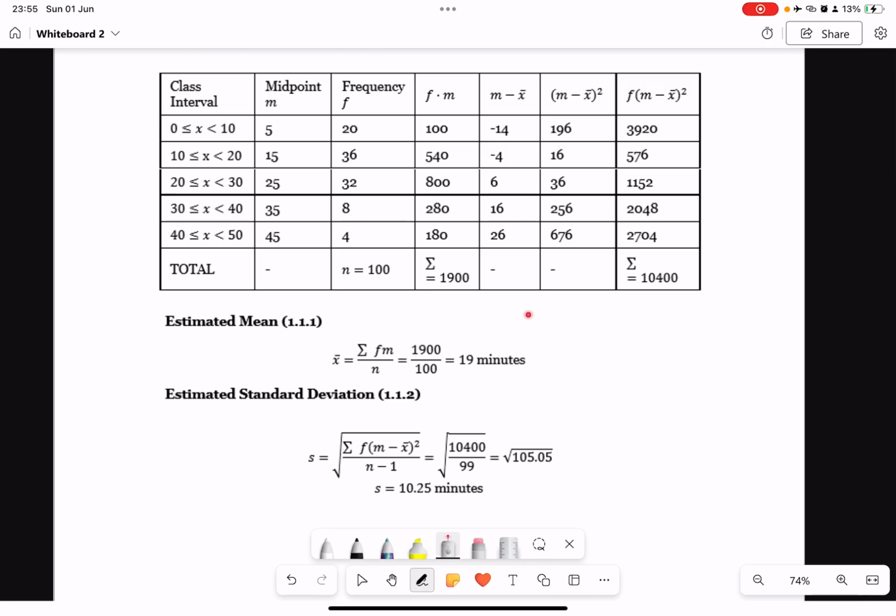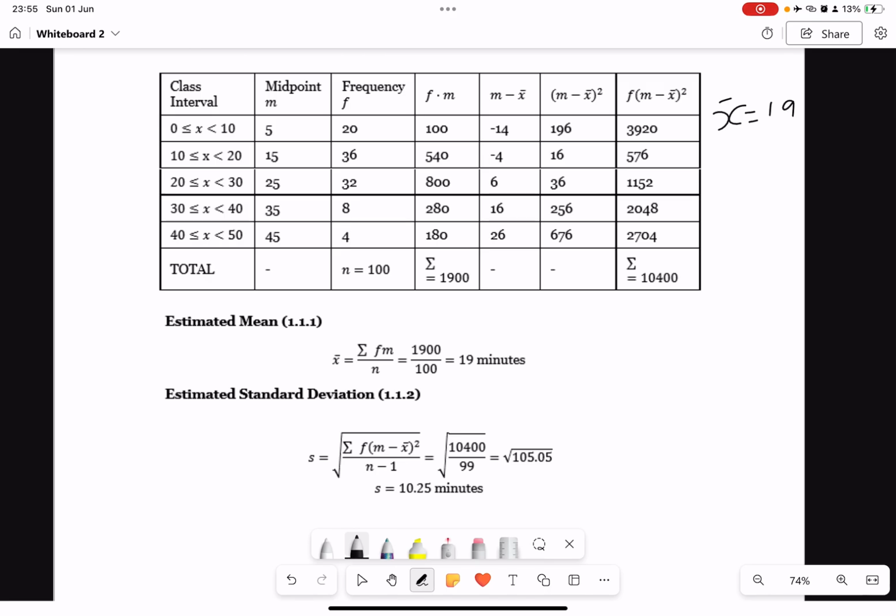perfect. So now to get the estimated standard deviation, we firstly need to get the deviations between the midpoint and the estimated mean. So you know that your x bar is 19.